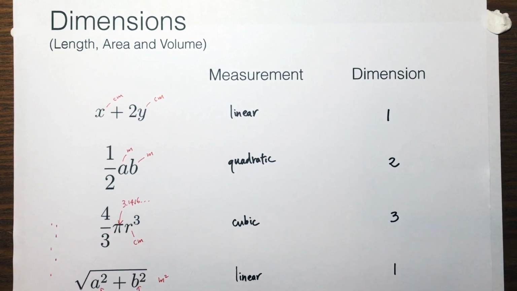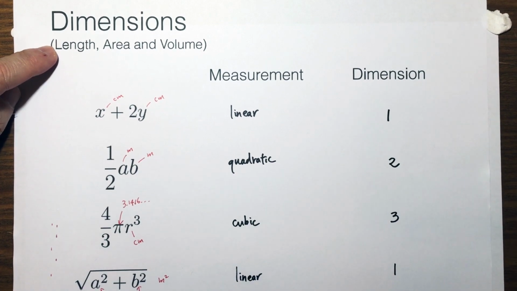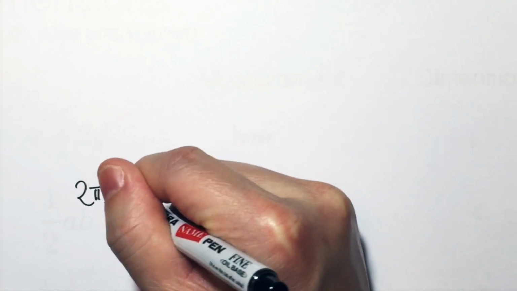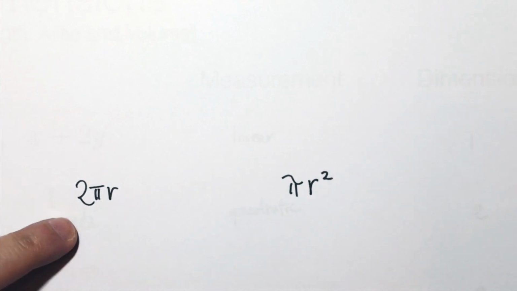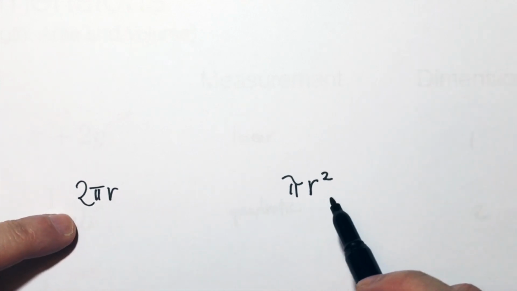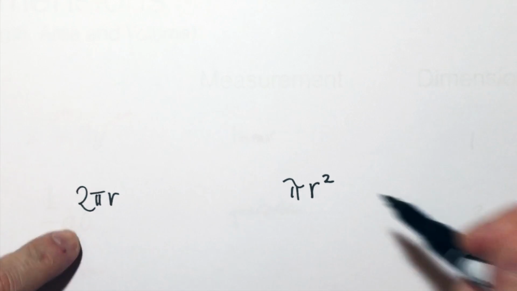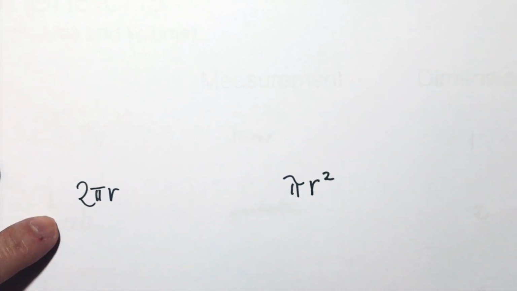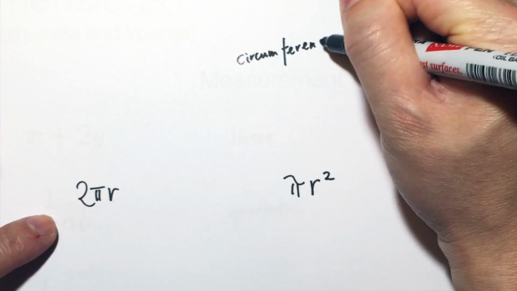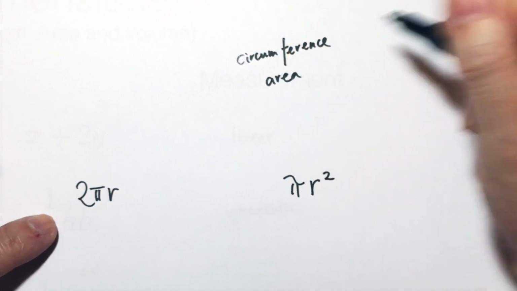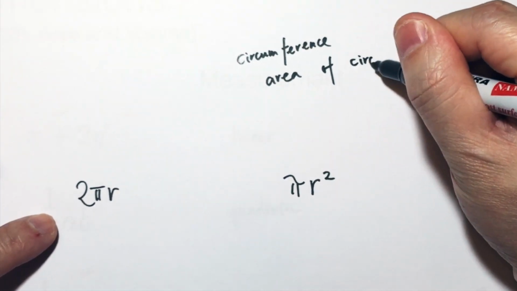So this concept of dimension helps us to distinguish some formulas. For example, 2 pi r and pi r squared. We have two formulas, 2 pi r and pi r squared. What if we forget and get these two formulas mixed up? Which one is for finding the circumference, and which one is for finding the area of a circle?